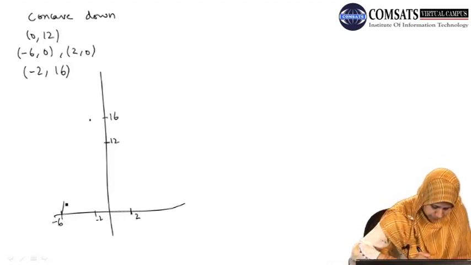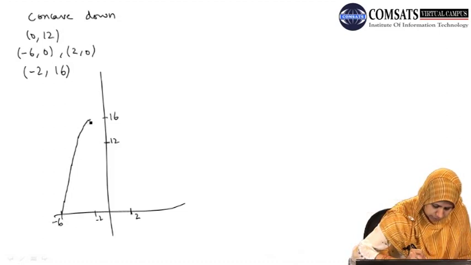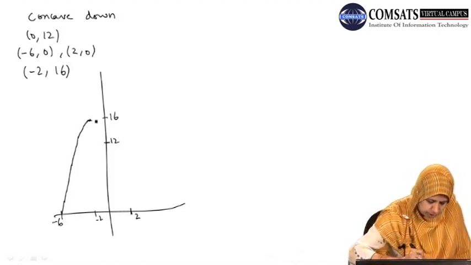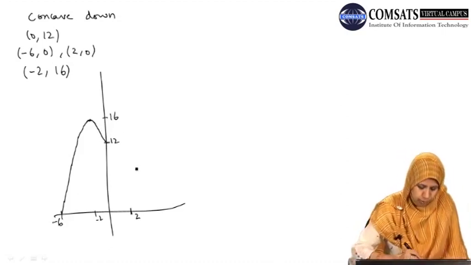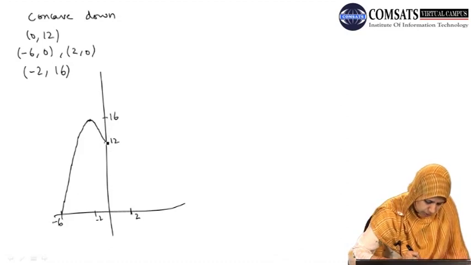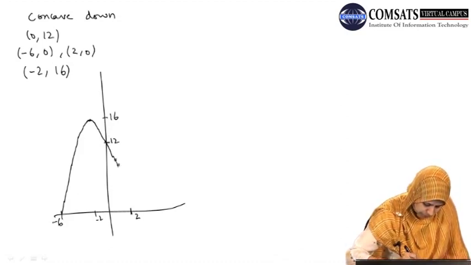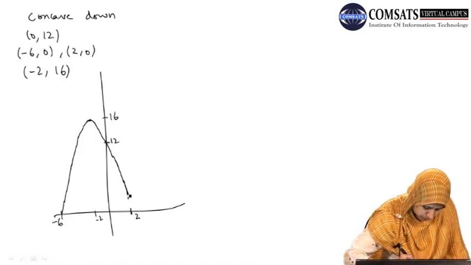Okay, and the last step is to connect all these points. Connecting our x-intercept (-6, 0) with our vertex (-2, 16). Now connecting the vertex with the y-intercept, which is (0, 12), and now connecting the y-intercept with the second x-intercept, which is (2, 0).